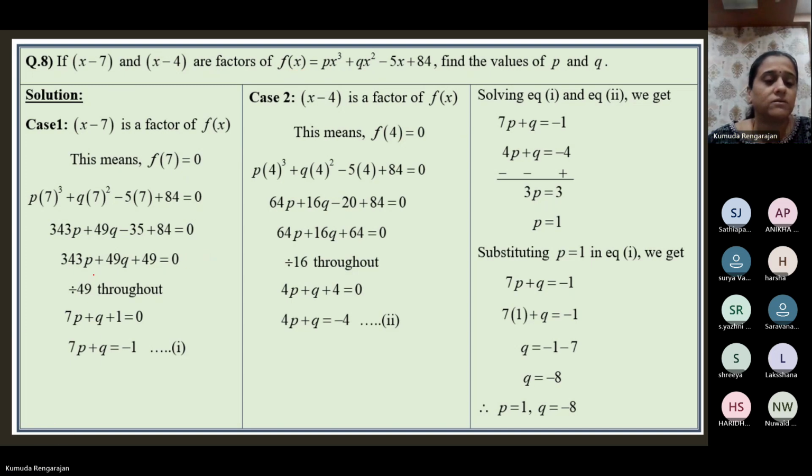Okay. Now you should know that 7 into 7 is 49, and 49 into 7 is 343.